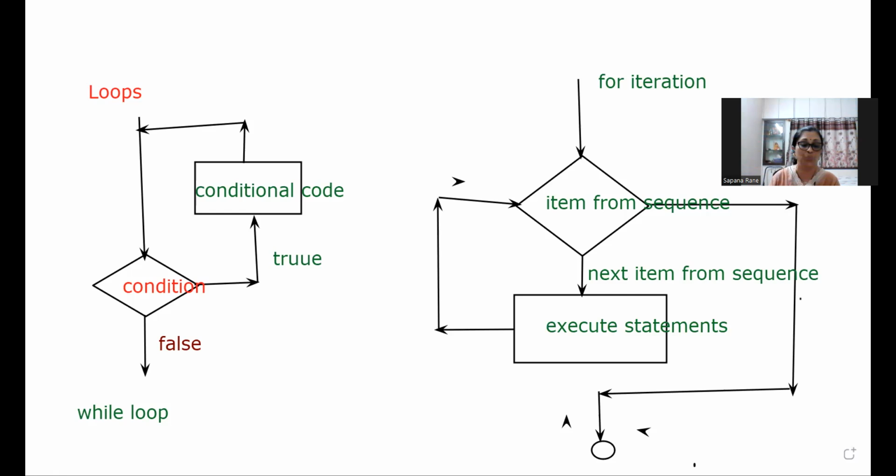It causes the loop to skip the remainder of its body and immediately retest its condition prior to reiteration. There is also a pass statement. The pass statement in Python is used when a statement is required syntactically, but you don't want any code to execute. In that case, the pass statement is used. So break, continue, and pass are the loop control statements.